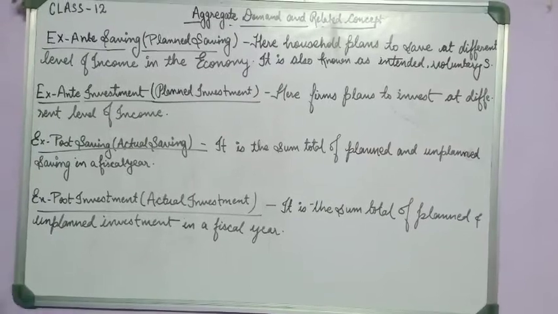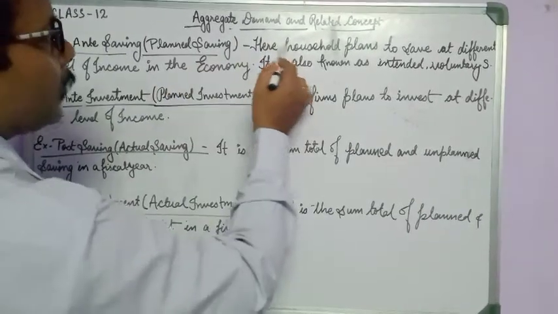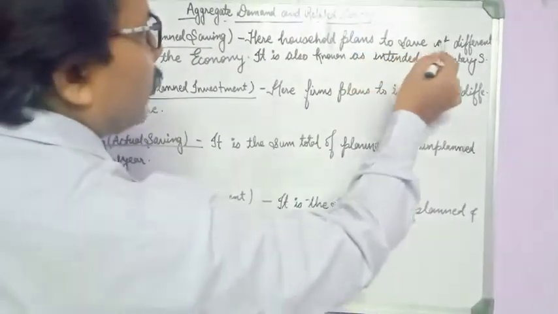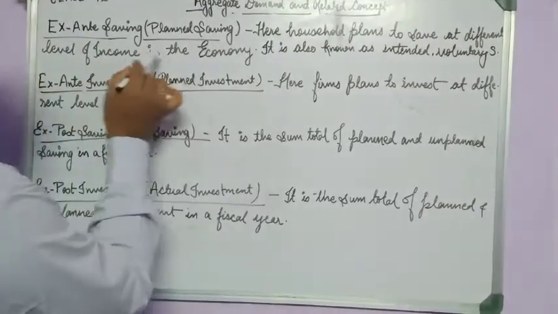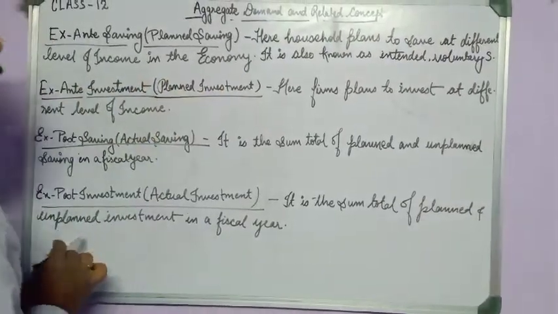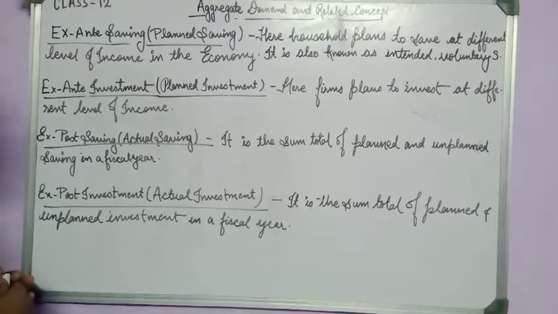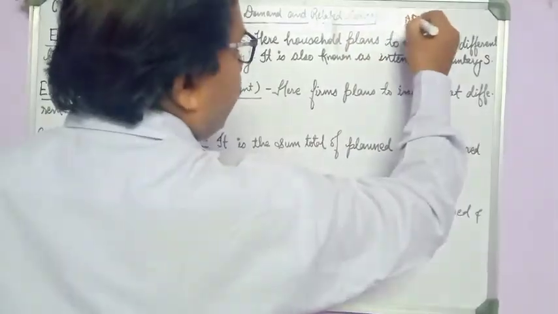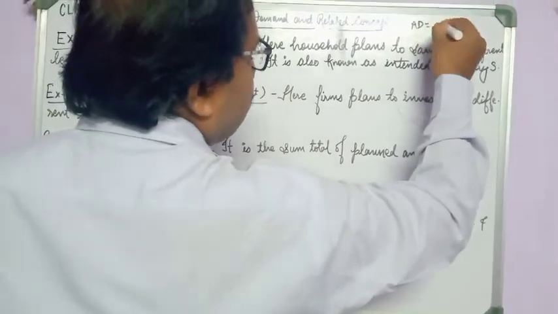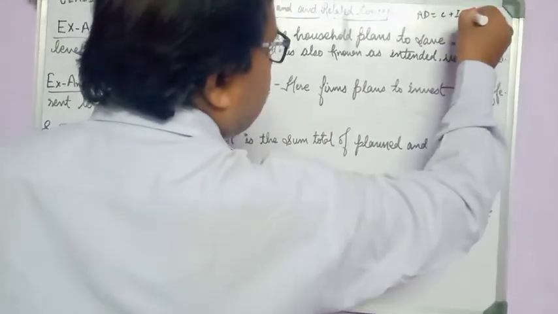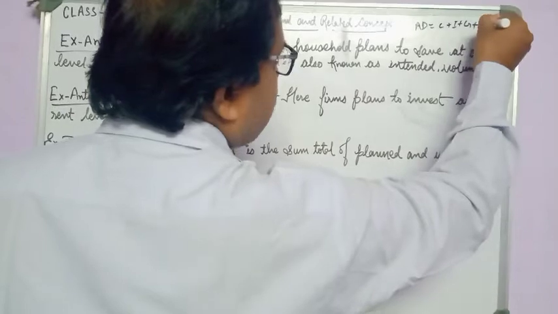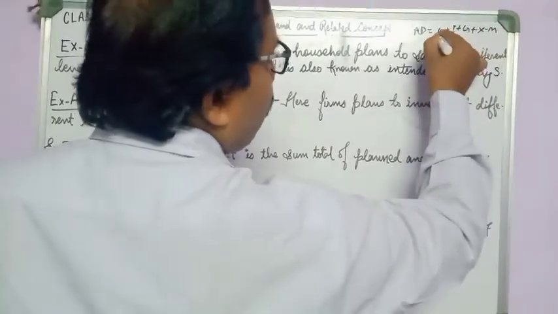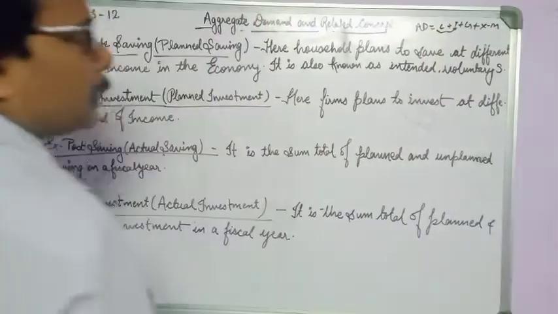So planned saving means here the household plans to save at different levels of income in the economy. So we know that the components of AD are C plus I plus G plus X minus M, but in standard 12 we have to study only C plus I.